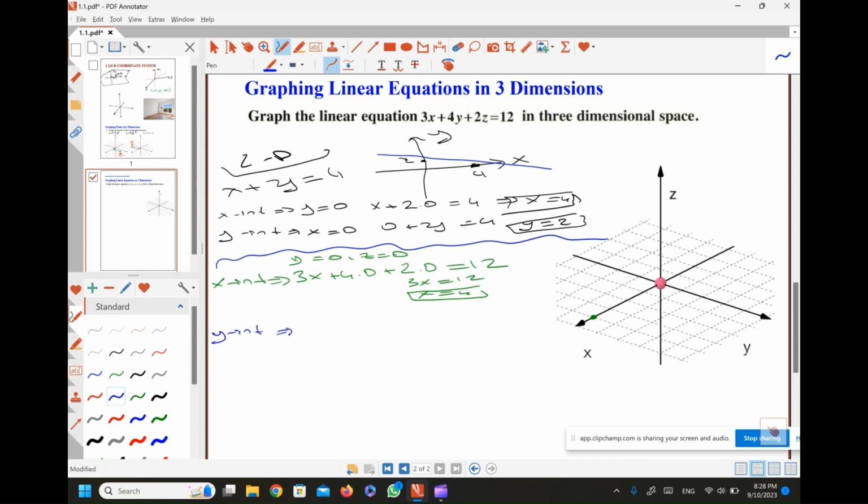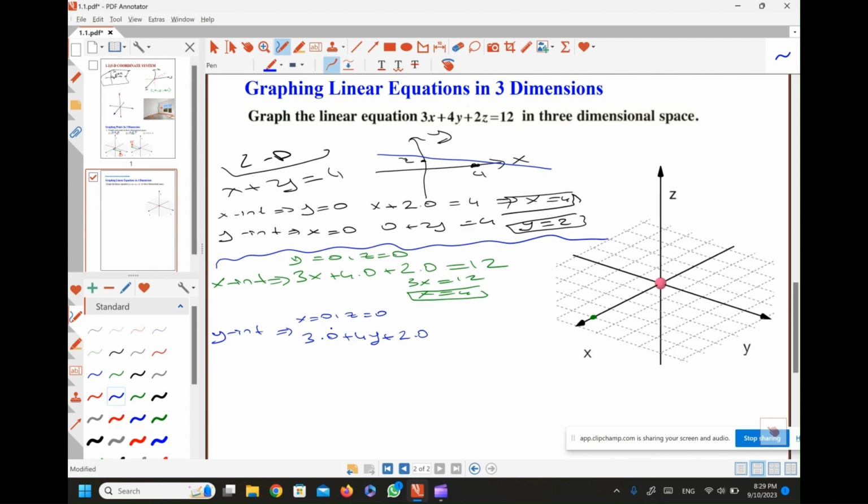For the y-intercept, this time the others are 0. x is 0, z is 0. So it's going to be 3 times 0 plus 4y plus 2 times 0. If you are required to find the y-intercept, you should keep y. If you are required to find the x-intercept, you should keep x. The rest is 0.